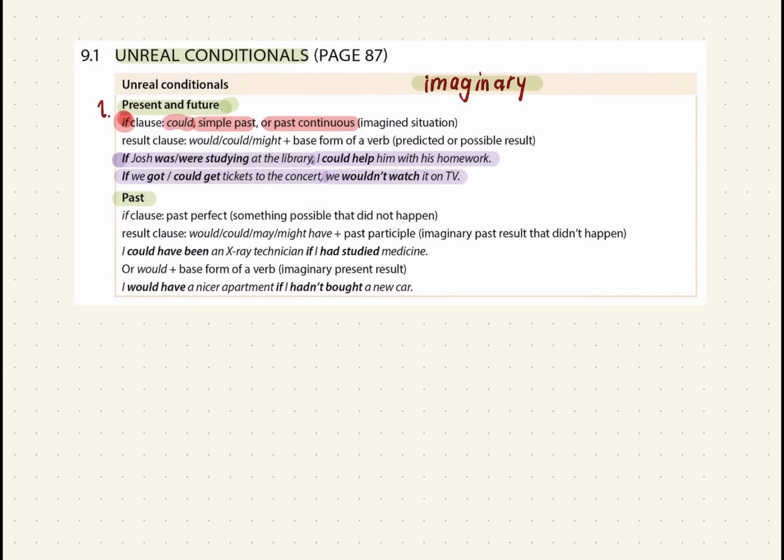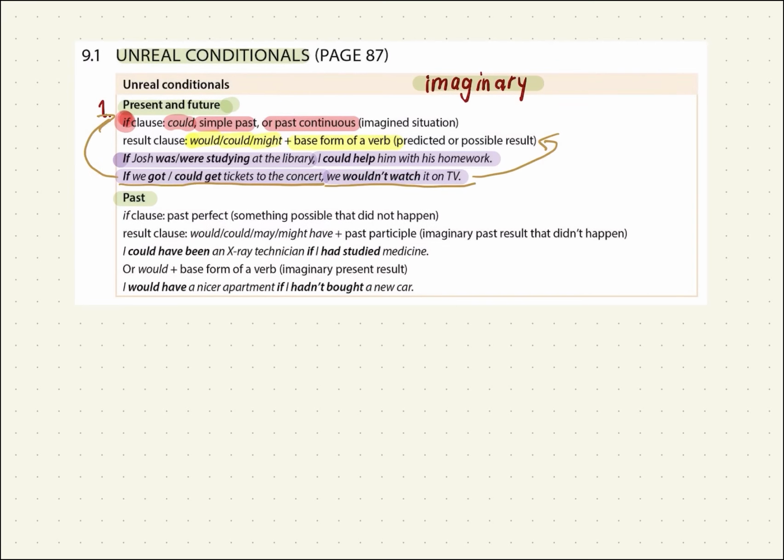Then we use subject plus would, could, or might plus the base form of the verb to show the effects, or the prediction, which is the result of your imagination. Alright, let's take a look at some more examples.